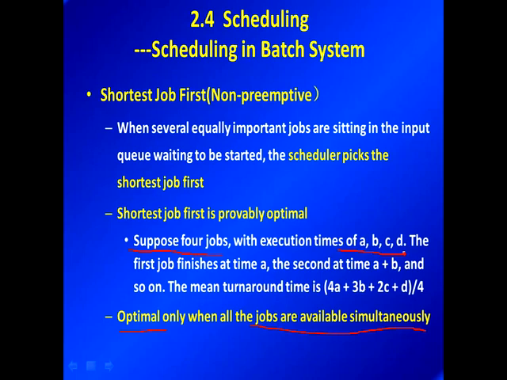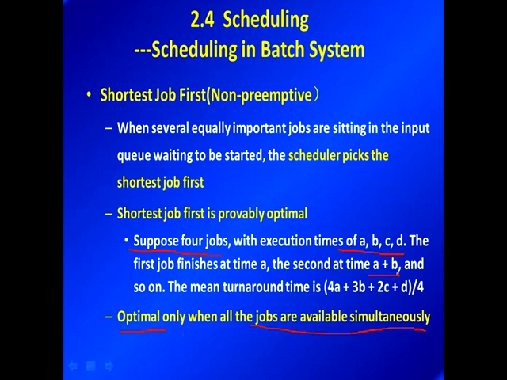Job A finishes first, and then B, and then C, and then D. You can see the turnaround time for the first job is A, and the second job finishes at time A plus B.